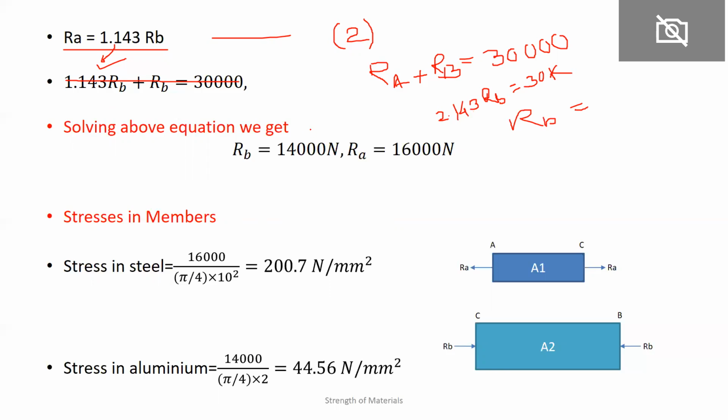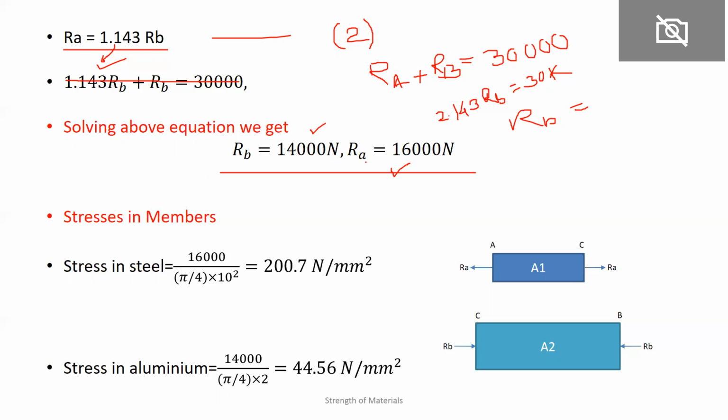You will get the value of R_B in Newton, and R_A is equal to 16,000 Newton. The sum of these two must be 30,000. You can check: 14 plus 16, you will get 30. So we solved for the unknown reactions, R_A and R_B.